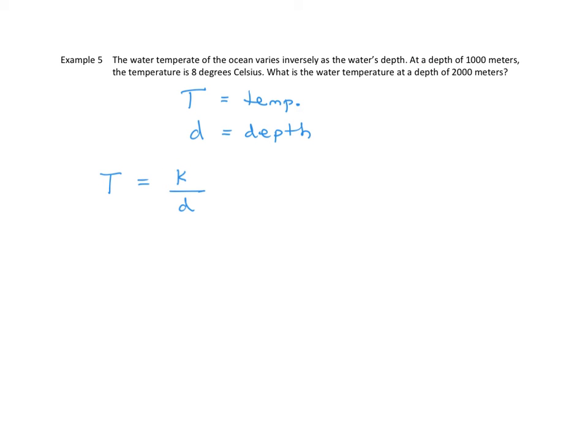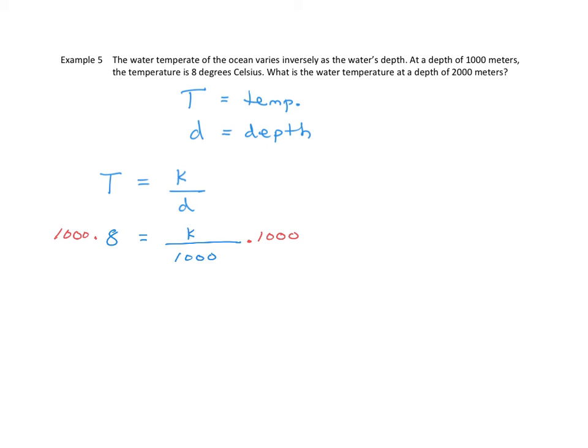And I can use this next sentence to figure that out. At a depth of 1,000 meters, the temperature is 8. I'll put that information into T and D. So that is, when the temperature is 8, I would divide by 1,000 meters. To solve for k, I would multiply both sides of this equation by 1,000.